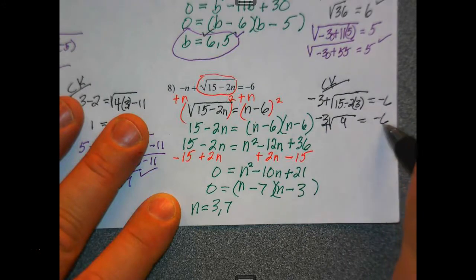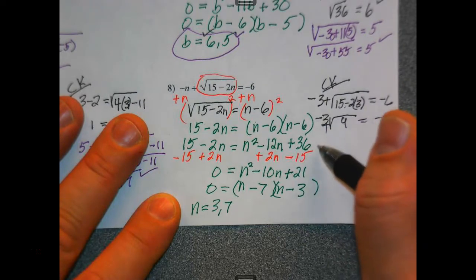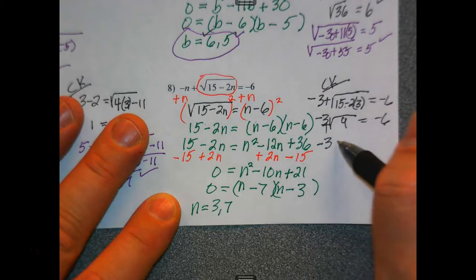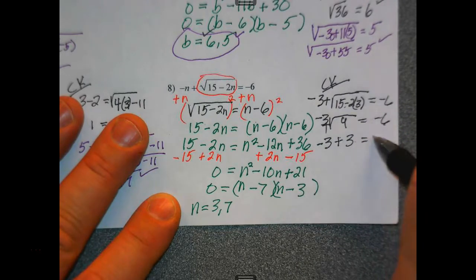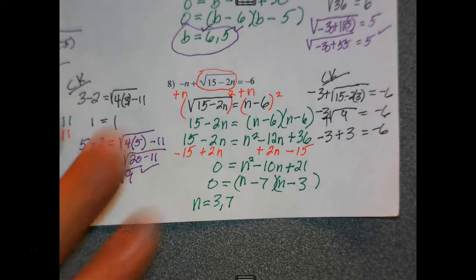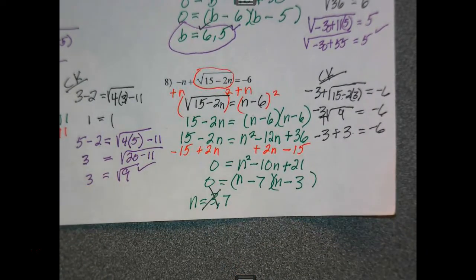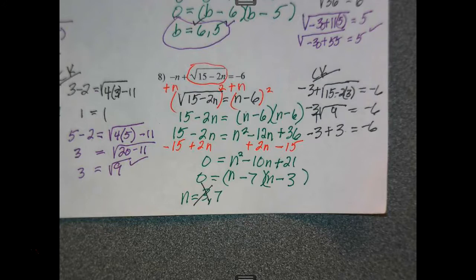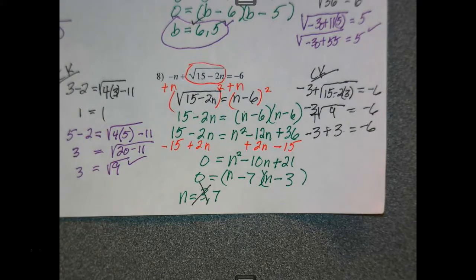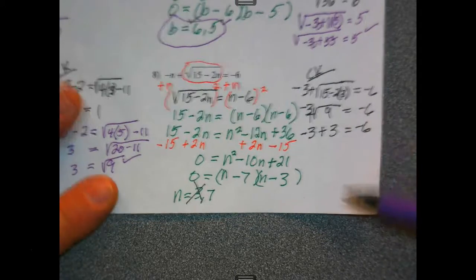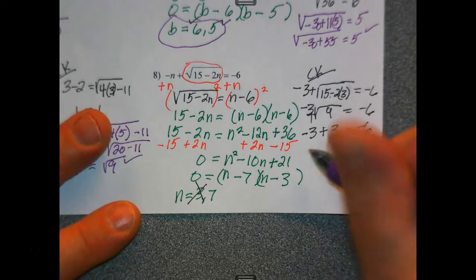So, does negative 3 plus 3 equal negative 6? No, it does not. 3 is an extraneous solution, so Logan would have got that one wrong because he doesn't check.